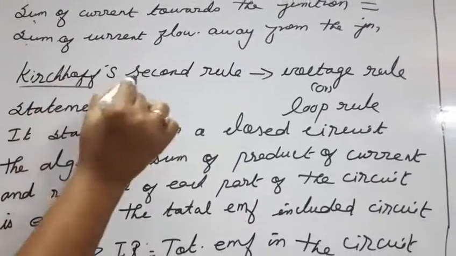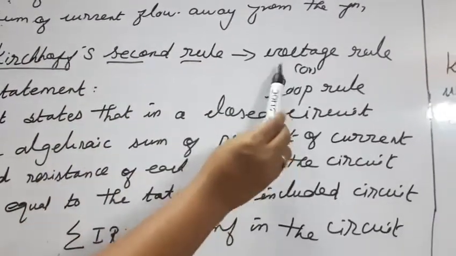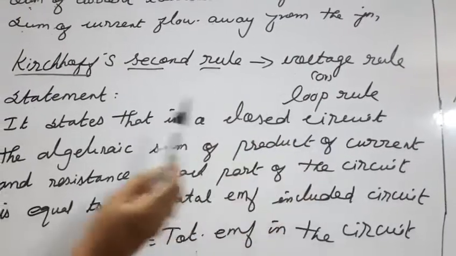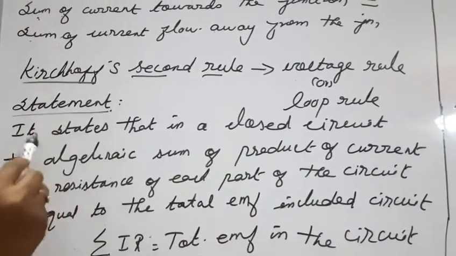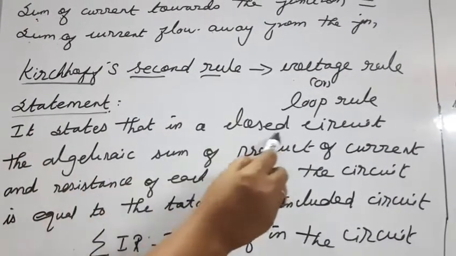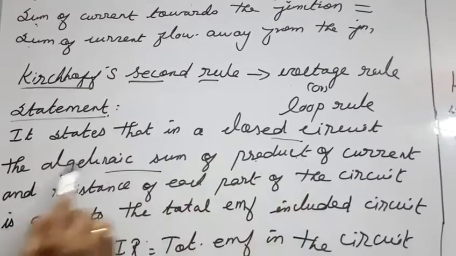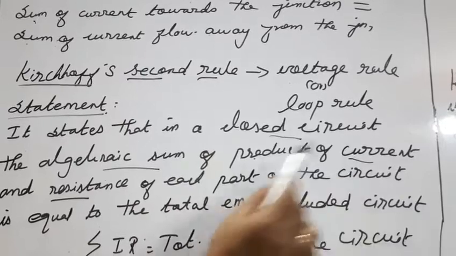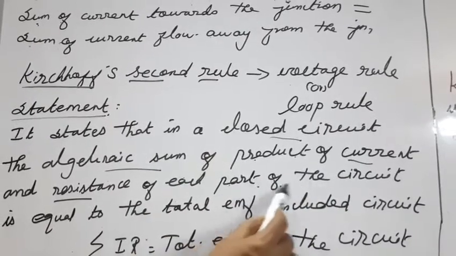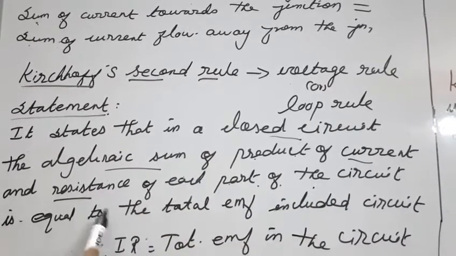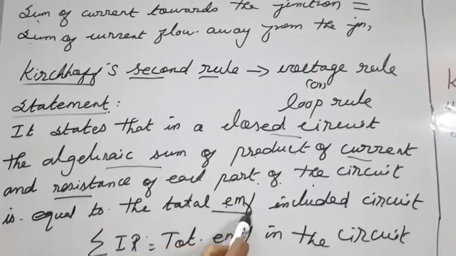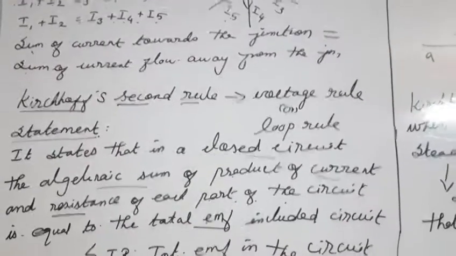The other name of second rule is voltage rule or loop rule. It states that in a closed circuit, the algebraic sum of the product of current and resistance of each part of the circuit is equal to the total EMF included in the circuit.